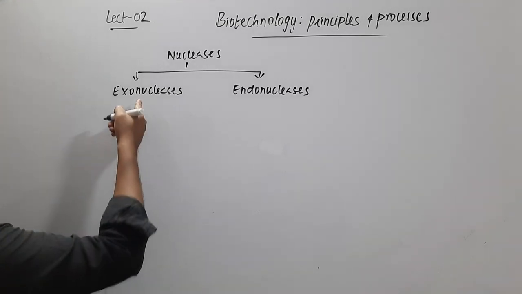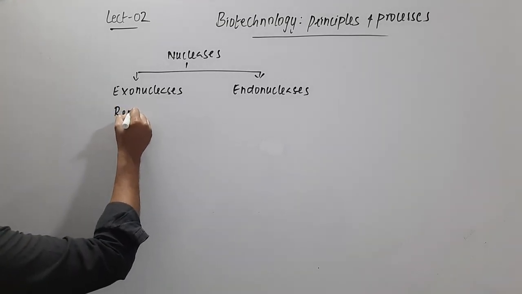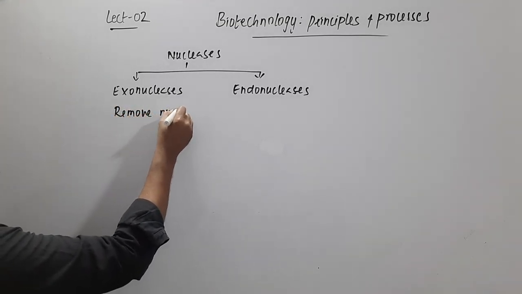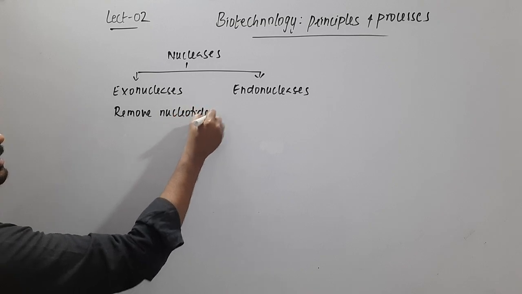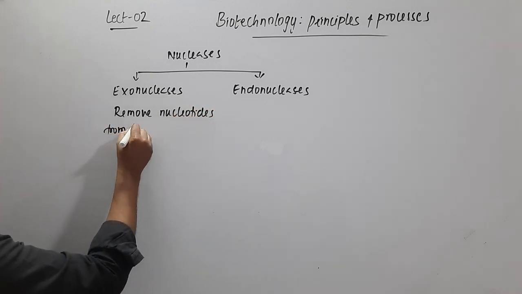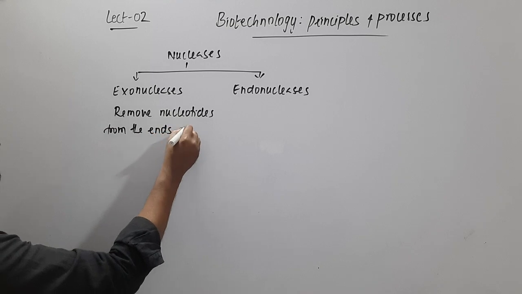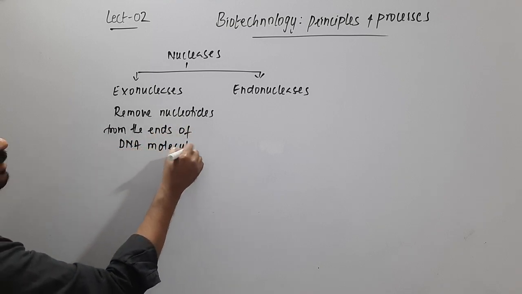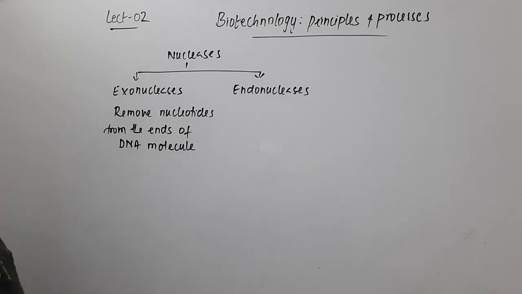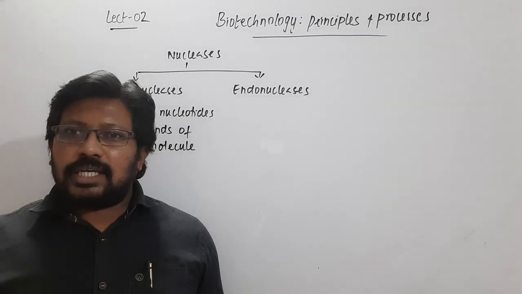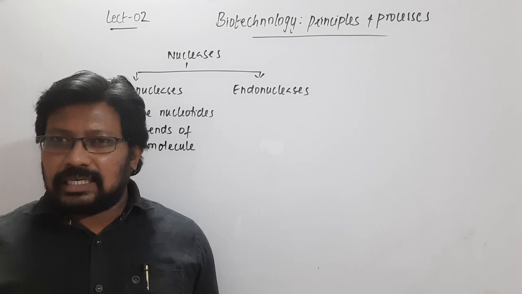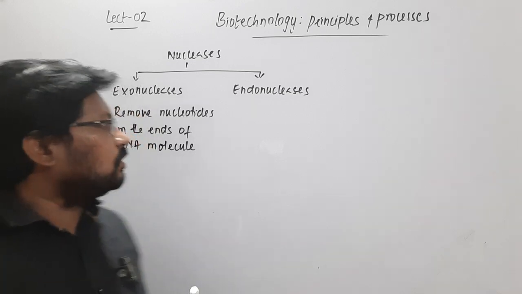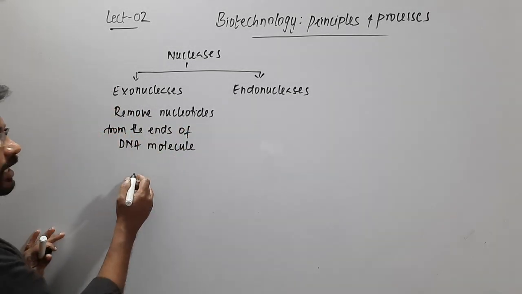And I told you that exonucleases will remove nucleotides from the ends of the DNA molecule. They are not going to remove nucleotides at the center or somewhere else within the DNA molecule. They are going to remove them from the ends of the DNA molecule.